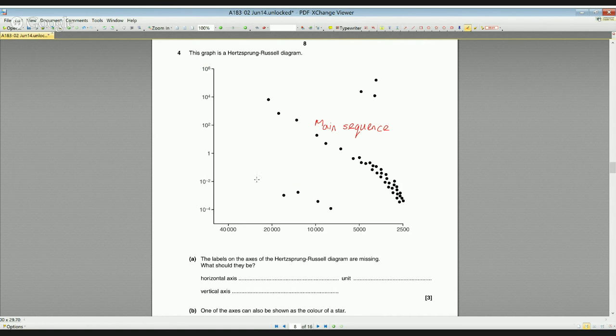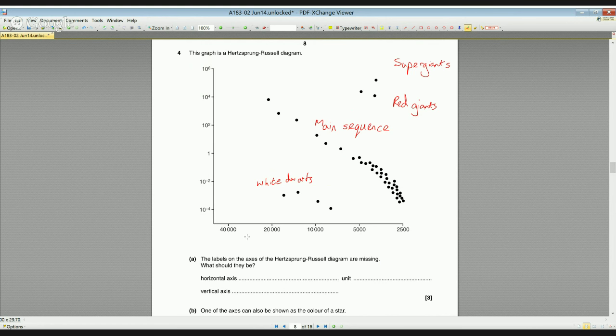In the bottom corner here, you'll have the white dwarfs. And then you have the red giants. And above those, up here, the supergiants as well. So as I said, this is quite a simplified version of the diagram, but you may be asked to label all of the parts on this. It does tend to come up in some of these exams. Right, let's have a look at what these axes represent.